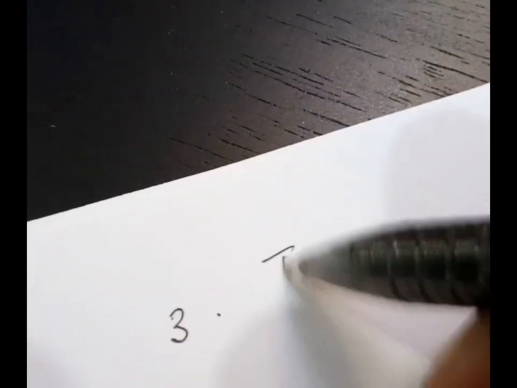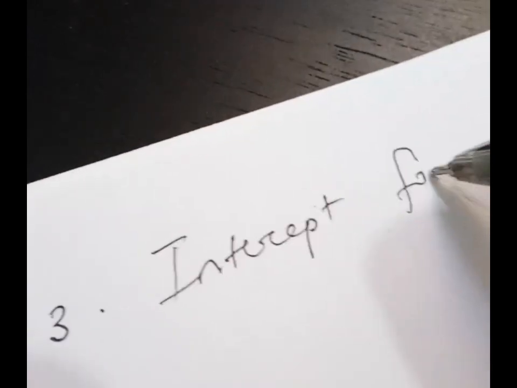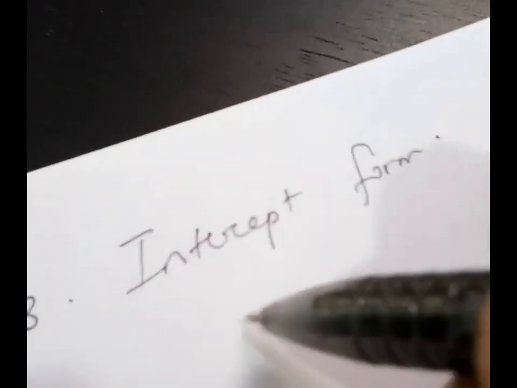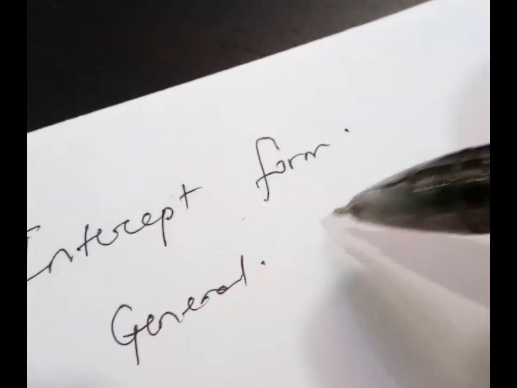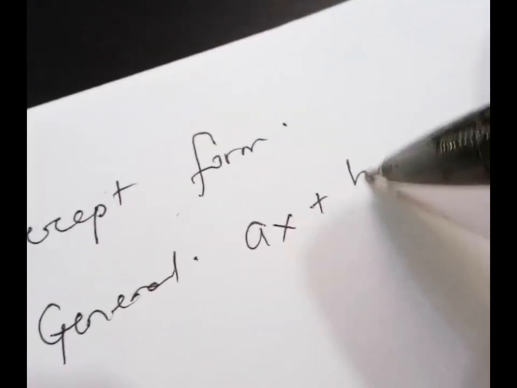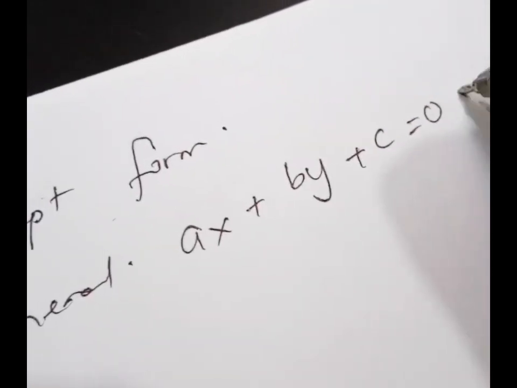Number 3, intercept form. Earlier we had the general form ax plus by plus c equals 0.